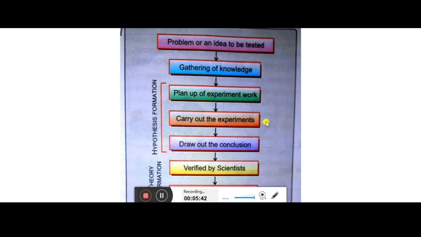Then the experiments will be carried out, and then we will draw the conclusion. It's not a one-time process, it can be repeated again and again. That means the experiment will be done, then we come to a conclusion, then if the conclusion is not proper, we again plan the experiment, and the process keeps repeating before the hypothesis is accepted.